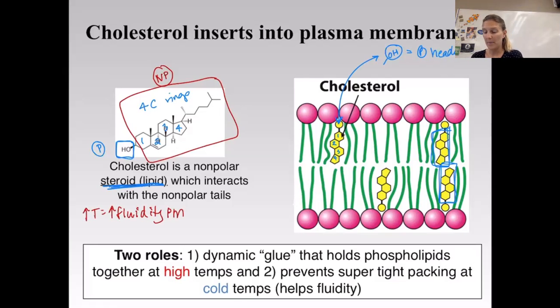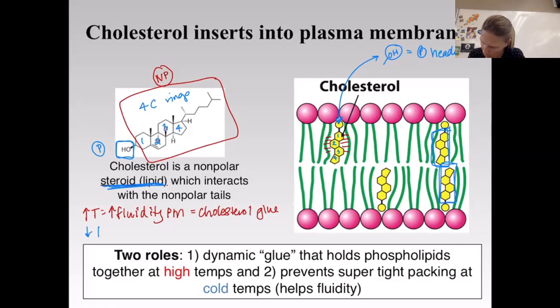And what can happen is if it gets too hot and too fluid, the plasma membrane and those lipids can actually have so much kinetic energy that they can fall apart. So what happens is that cholesterol is like glue, and it kind of holds them together. It kind of makes interactions here where those nonpolar tails are not going to fall apart from each other, but they're going to stay close.